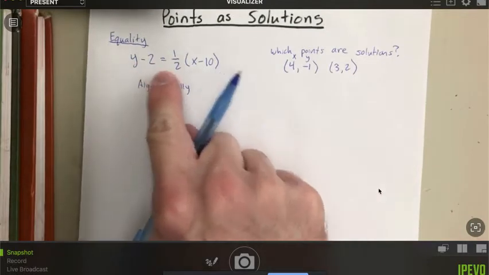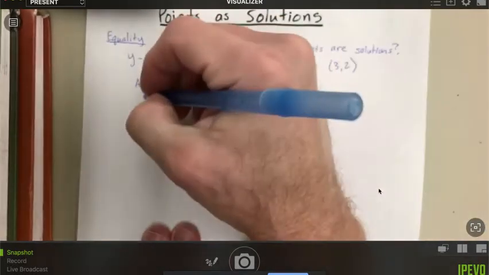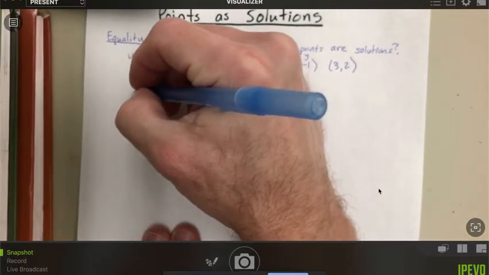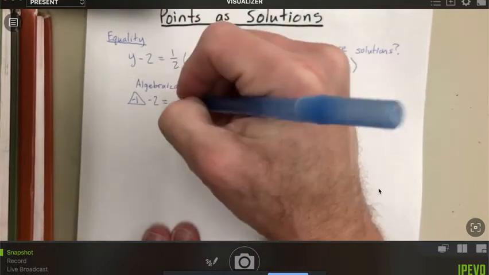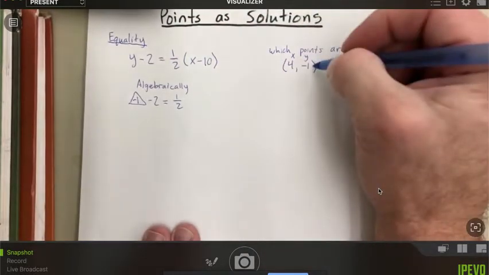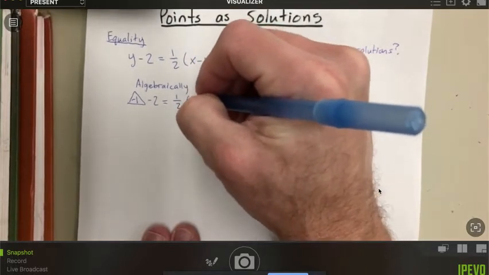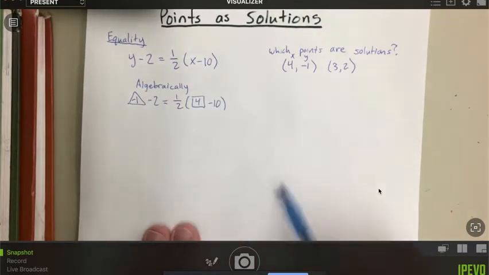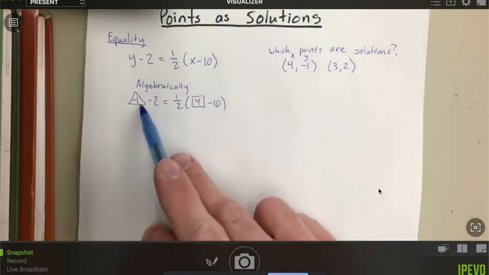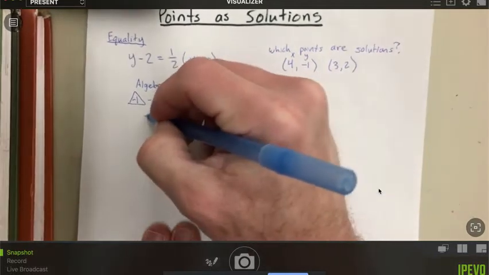So if I have my equation here, I'll use my triangle square setup. Instead of y, I'm just replacing y with its y value. And I'm just replacing x with its x value. And then my goal is -1 minus 2, well, is -3.